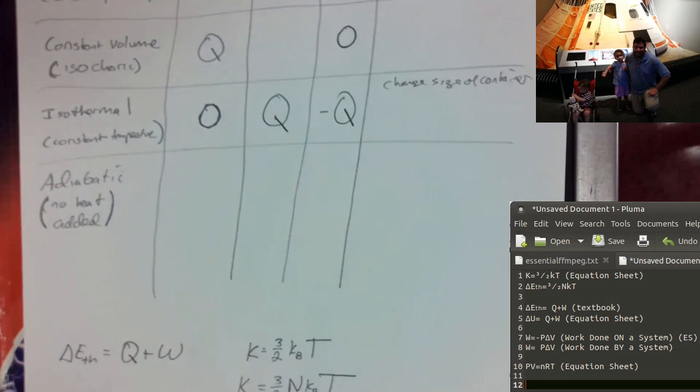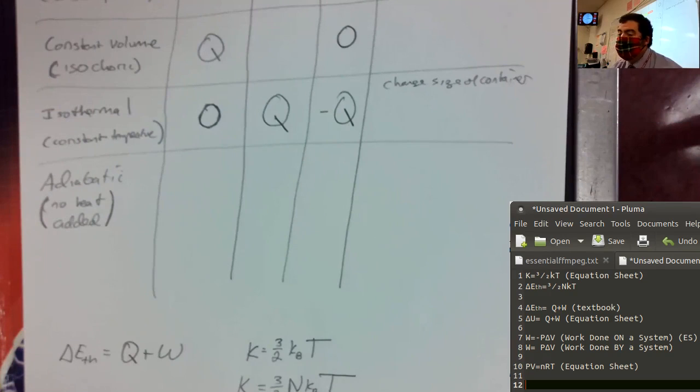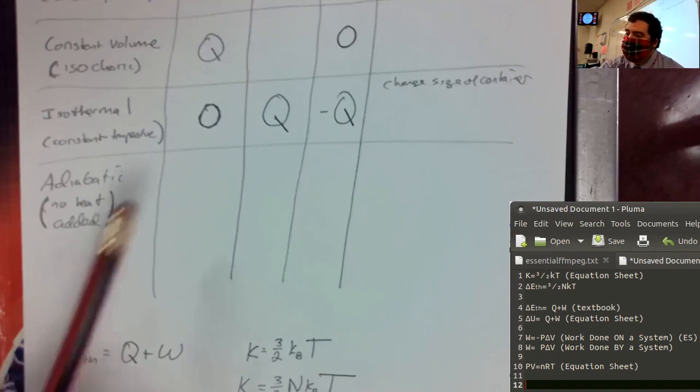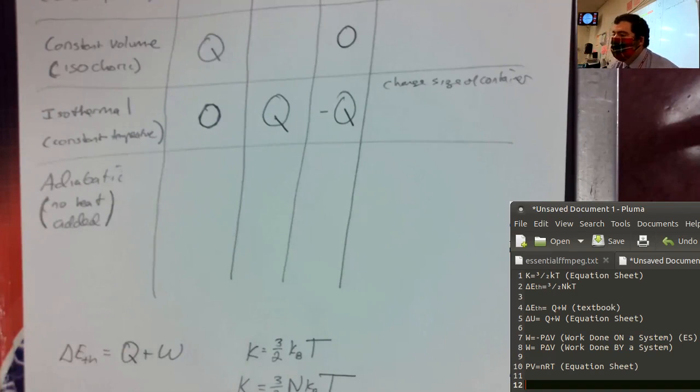But based on what we've got here, what has to happen if we're adding work to the system? What has to happen with heat? To have a heat transfer out of the system. And if, on the contrary, we're taking energy out by doing work, that means we have to put heat into the system. But the temperature can't ever change.